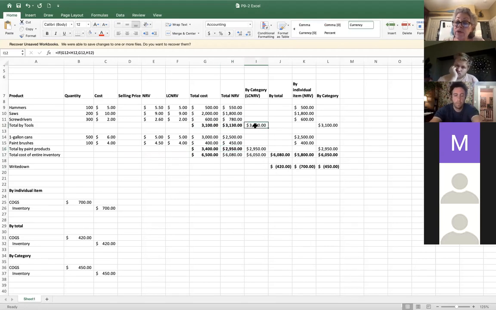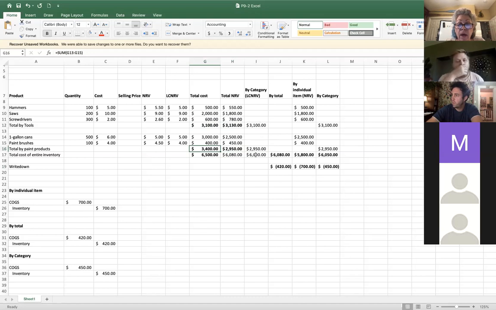So I want to know what is the lowest by category. You can see that I again wrote an if statement, and we see that the 3,100 is lower than the NRV of that first category. In the second category, we see that NRV is lower than our cost.